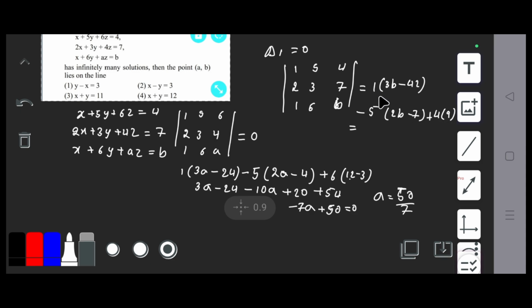That gives 3b minus 10b, which is minus 7b, and minus 42 plus 35 plus 36, which is 29. So 29 minus 7b is equal to 0 because delta 1 is 0, and b is equal to 29 by 7. So a is 50 by 7 and b is 29 by 7.